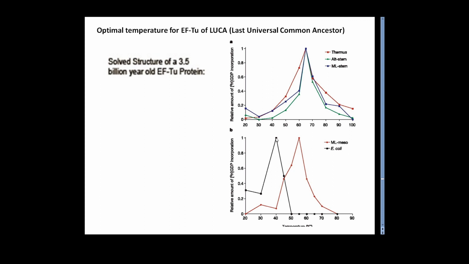Now the optimal temperature for present living organisms, for example E. coli, is near 37-40 degrees, and 3.5 billion years ago the optimal temperature was near 60, 65, up to 70 degrees.